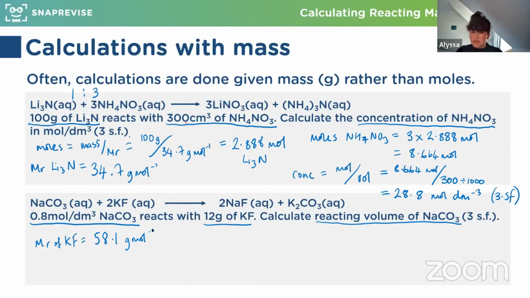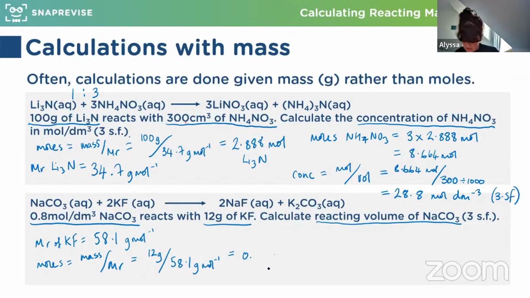So 39 plus 19.1 or whatever it is. Brilliant, so 58.1, perfect. And then moles is mass divided by MR. So our moles of potassium fluoride is 12 grams divided by 58.1 grams per mole, which gives us 0.206 moles of potassium fluoride.